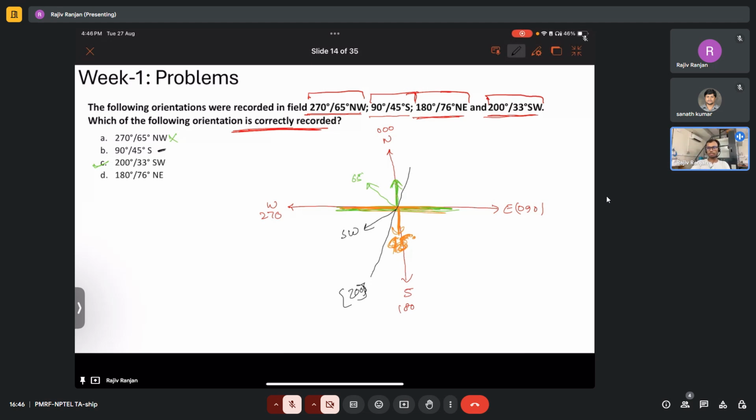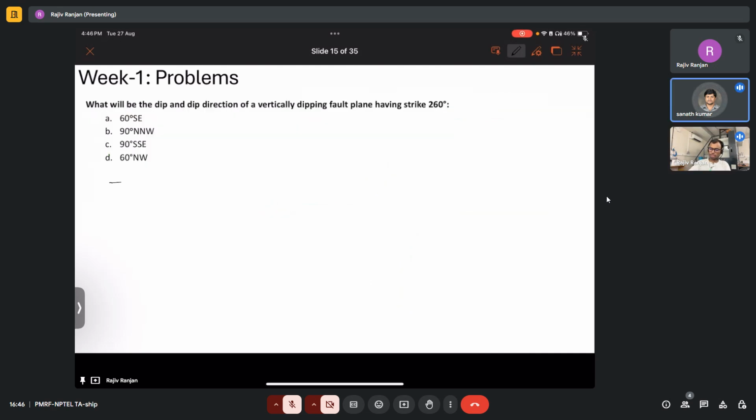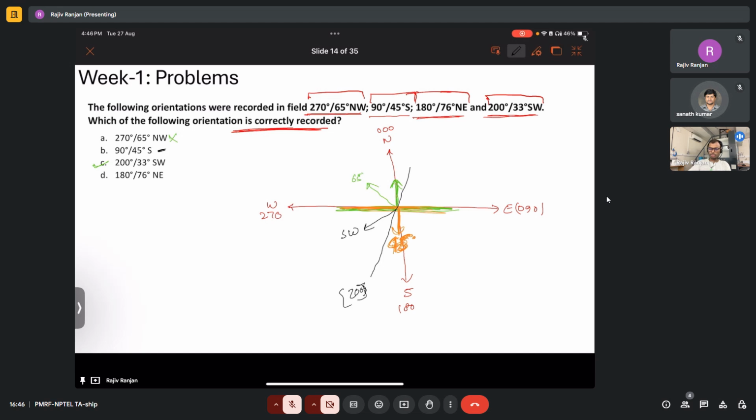So which option is correct? B is the correct option. Let's try D also. Option D says 180 degree, 76 degree. 180 degree means north south, and towards 76 degree northeast. So it's saying it is around like this. This is wrong. So option B is correct.